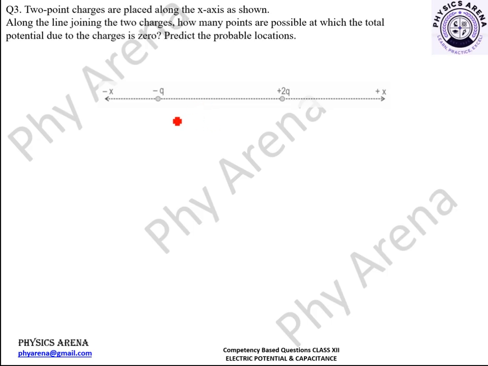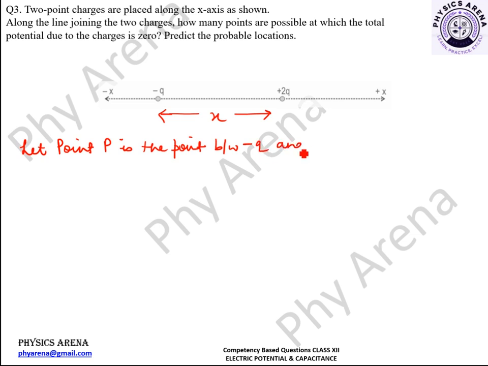So let me just name the distance between the two charges as x. And now, one probable location can be between the charges. So let point P be the point between minus q and plus 2q at which electric potential is 0.